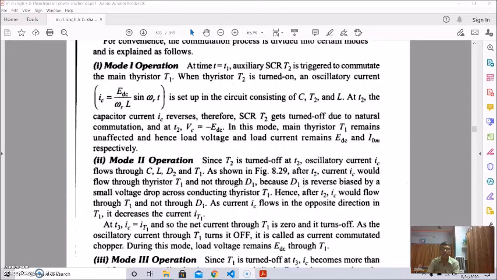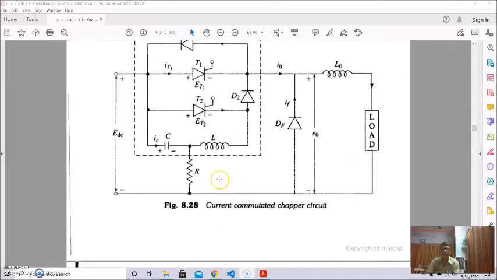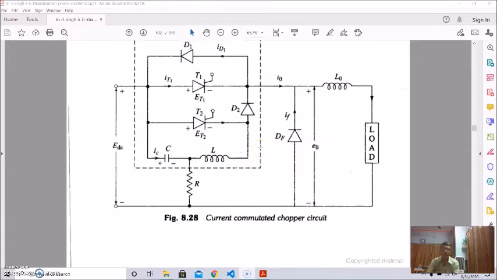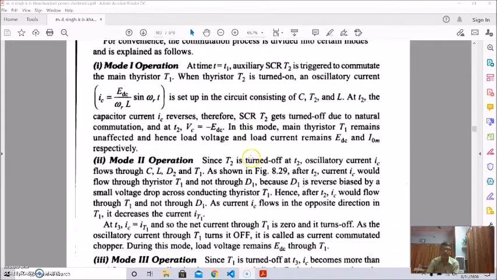So EDC, C, L, DL and the load. That is actually shown here.